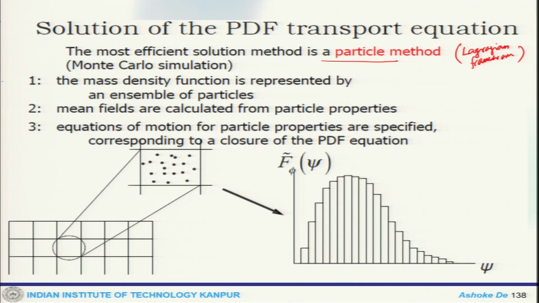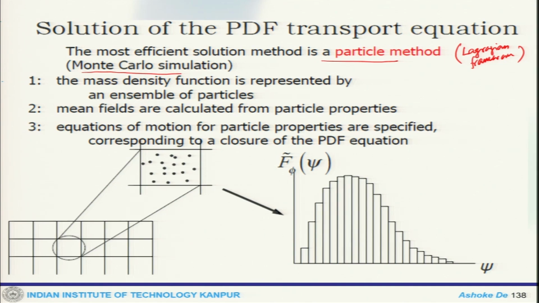So it requires special treatment: it is solved in a particle based method or in the Lagrangian framework, which is often known as Monte Carlo simulation, and this is proposed by Stephen Pope.